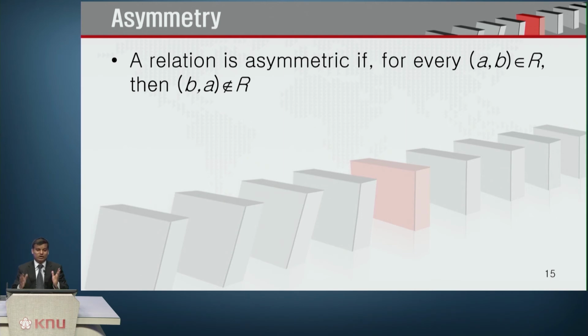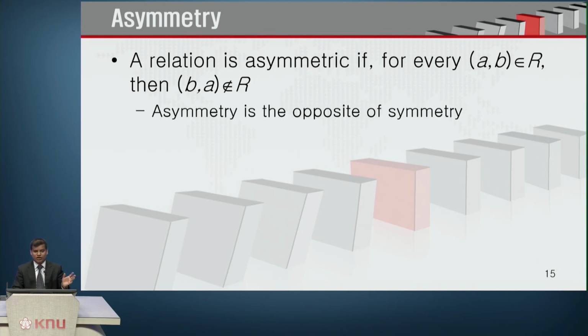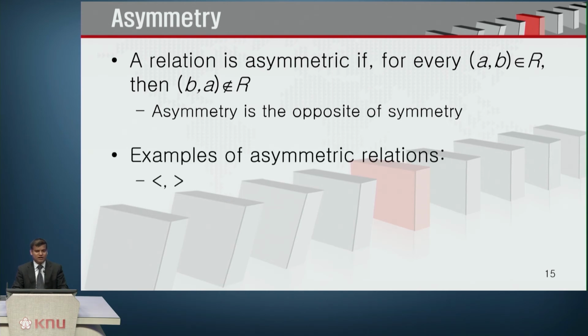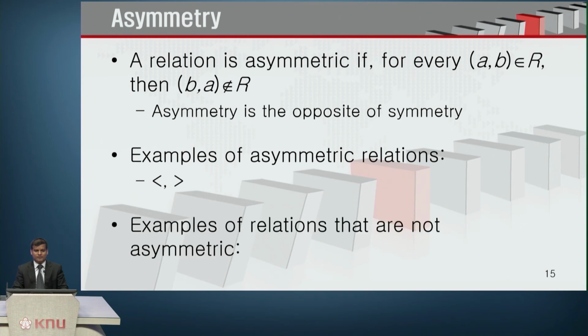As the words suggest, for a symmetric relation, if a is related to b, then b is related to a. They are equal, whereas an asymmetric relation is the opposite of symmetric, and here we use symbols like greater than and less than. Examples that are not asymmetric are equal to, greater than or equal to, and less than or equal to.